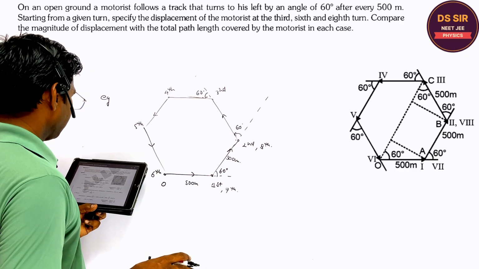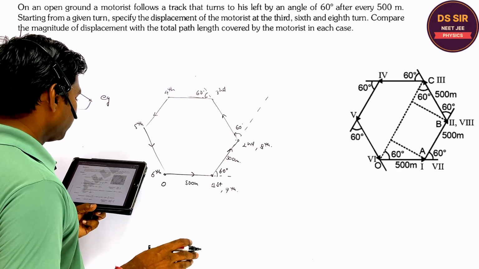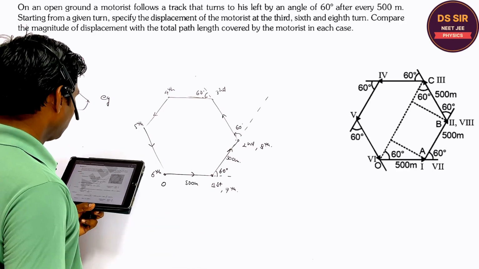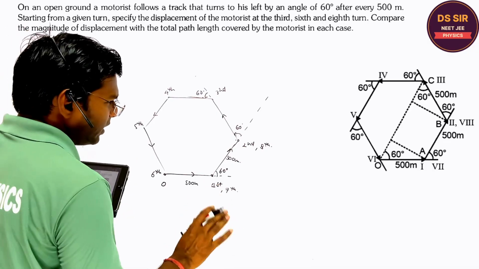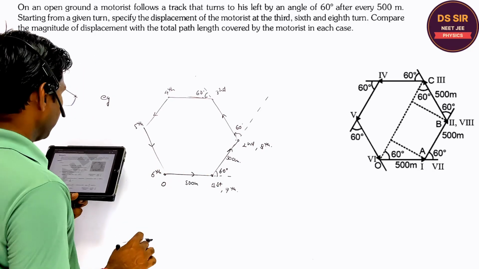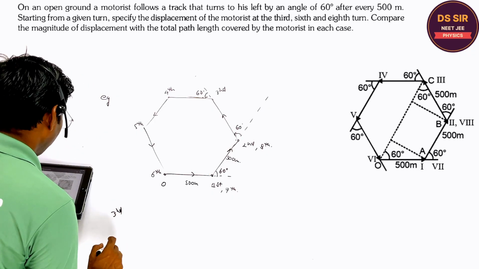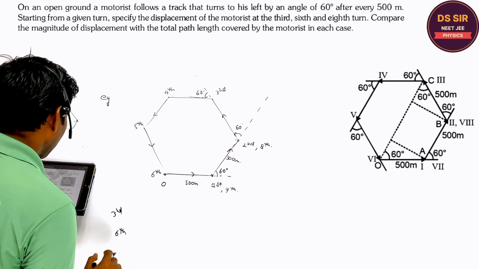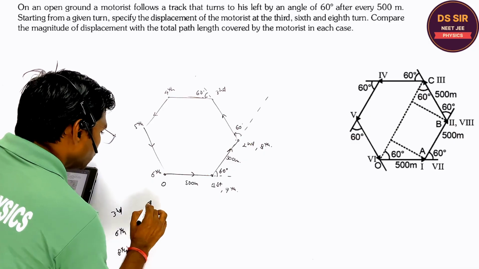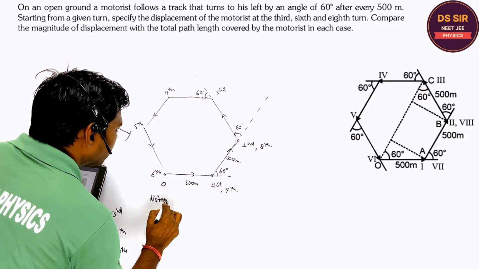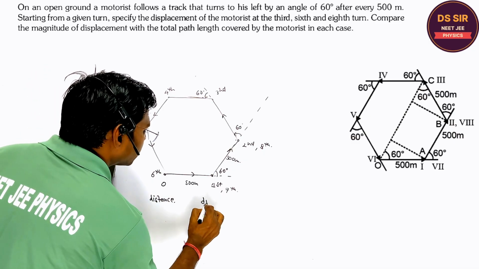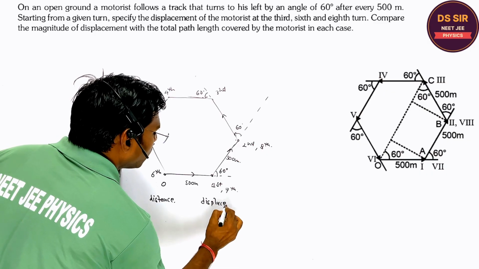Compare the magnitude of displacement to the path. You have to find the distance and the displacement for the third turn, the sixth turn, and the eighth turn. Is it clear or not?